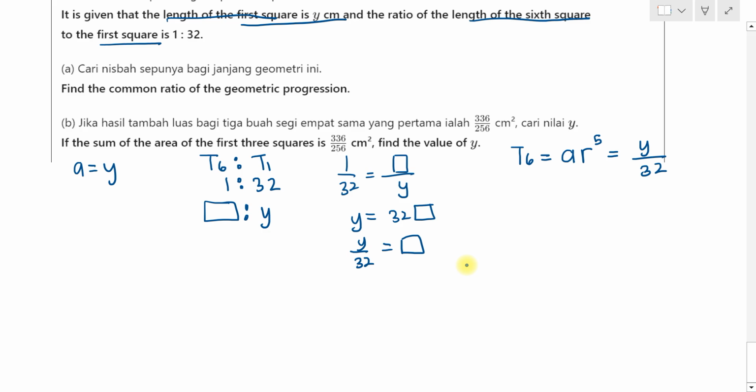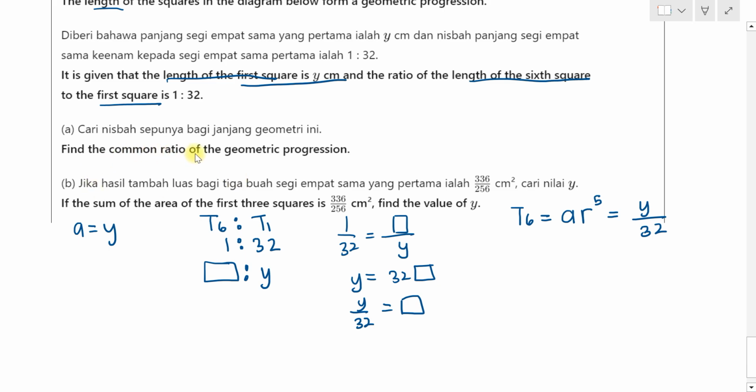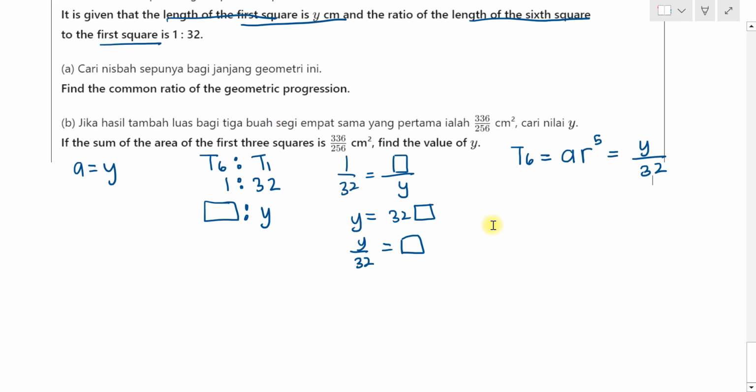But they need to tell the answer, like find the common ratio of the geometric progression, maybe in terms of y, or maybe we can cancel this? No, I don't think so. Let me check, 1 over 32 times y. So y over 32, no other choice.